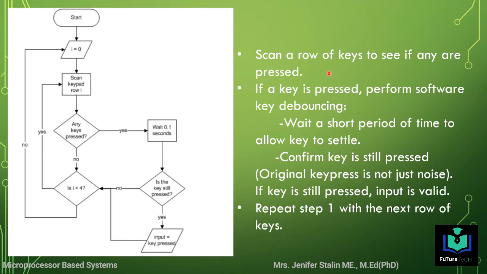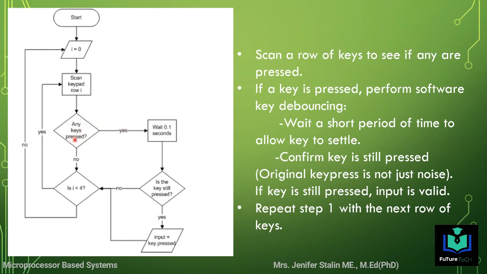You can see this is the flow chart for the key pressing. Initially all the rows, here I am taking I as rows, are not pressed. So we will be scanning or reading the rows each and every instant of time. Checking for any keys pressed, there are two conditions, no as well as yes.